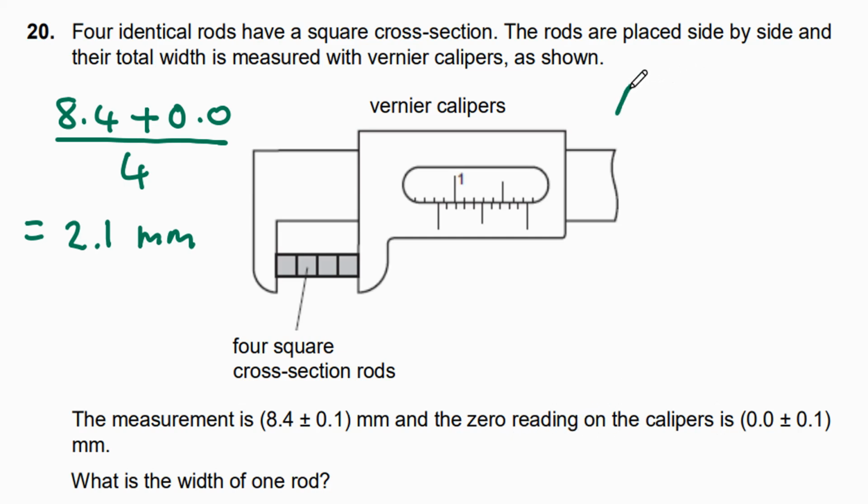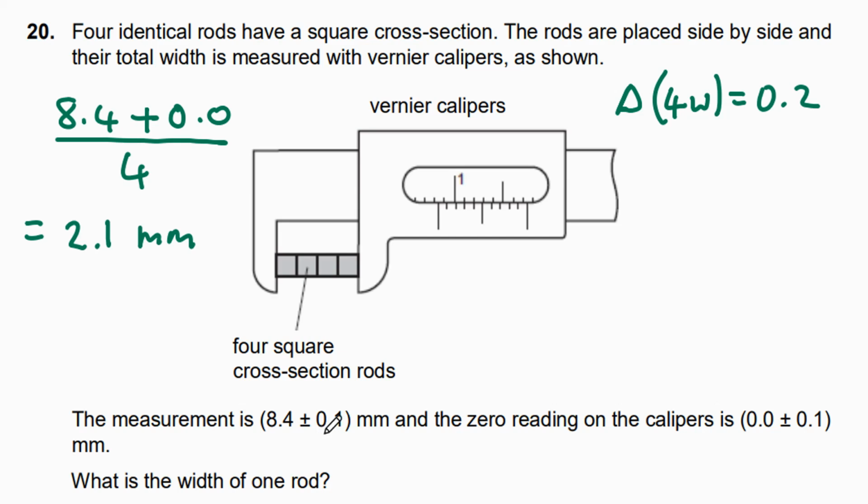So the absolute uncertainty of 4 widths will be 0.1 plus 0.1, so 0.2. And why do we need to add the absolute uncertainties here? Remember, for the measurement we added 8.4 to 0.0.